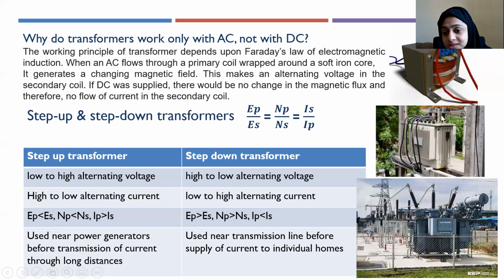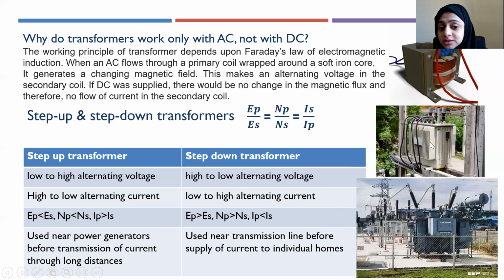And here, this is a transformer which is used near the transmission line. These are the transmission lines before supply of current to individual homes. Sometimes we will not have current because the transformer broke. So this is the transformer that does that.